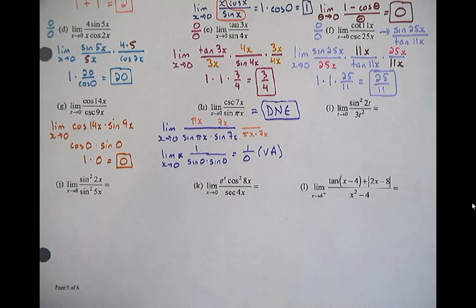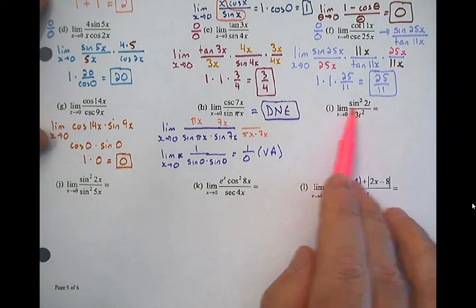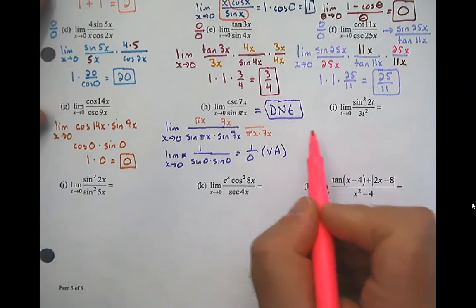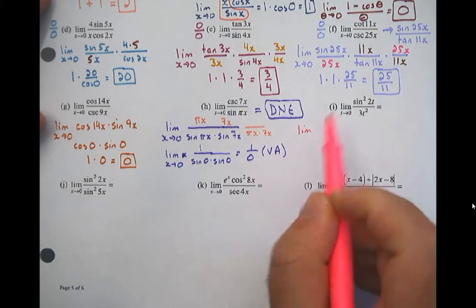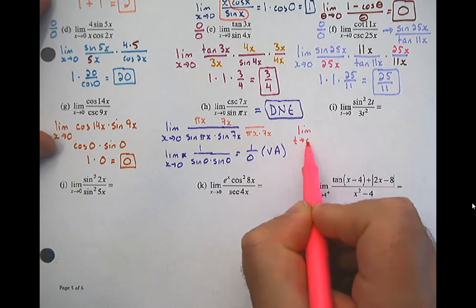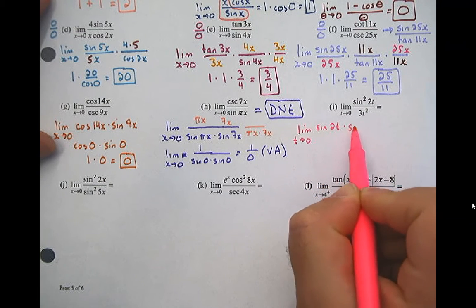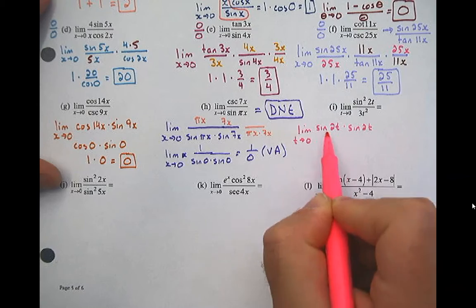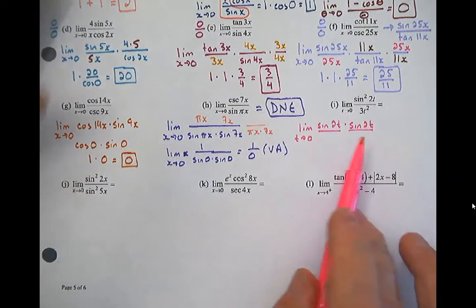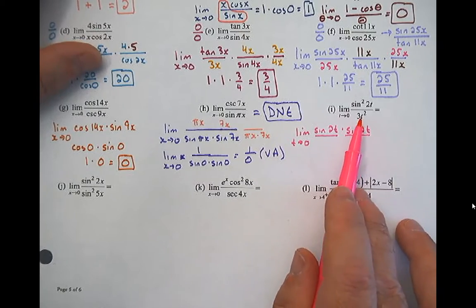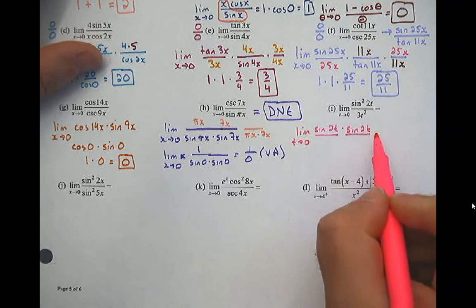Let's just keep plugging along. Okay. I want sine. This time I've got sine squared. That just means I've got 2 of them. So the limit as t approaches 0 of sine of 2t times sine of 2t, which means what do I want on the bottom? Well, I want a 2t underneath each one of these. Now what's nice is I've got a 3t squared, so I'm going to organize this.